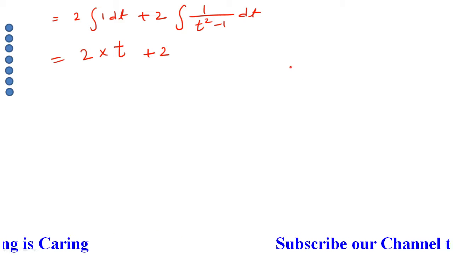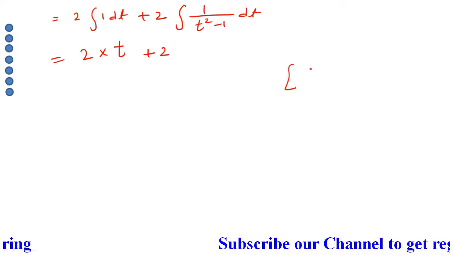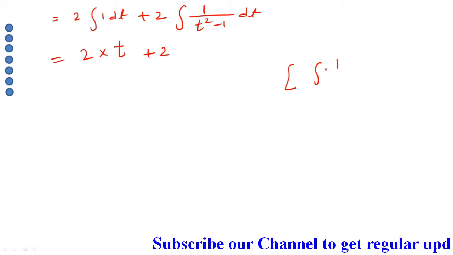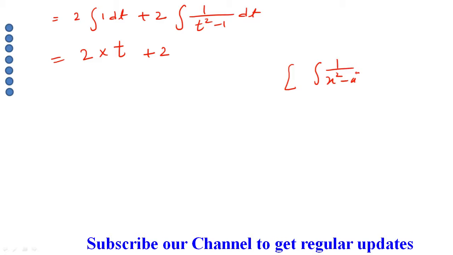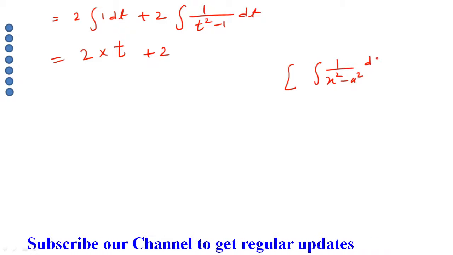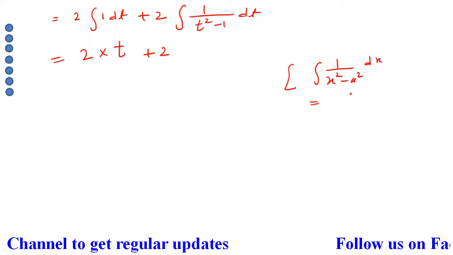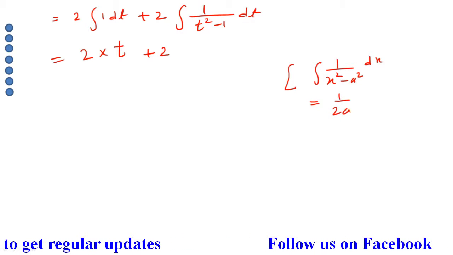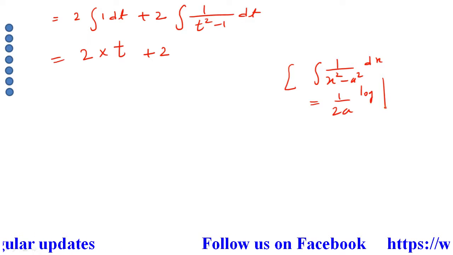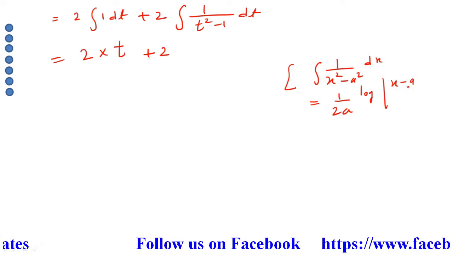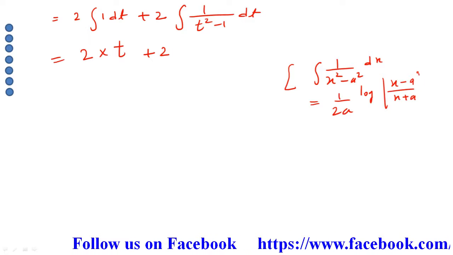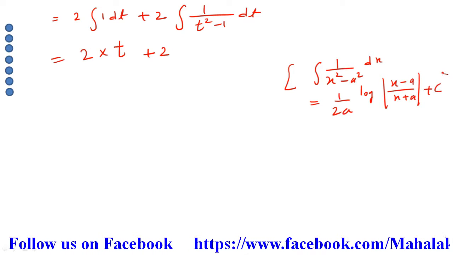Now here I am going to use this formula. This formula is already there in your book: integration of 1 upon x square minus a square with respect to x is 1 upon 2a log mod of x minus a upon x plus a plus integration constant.